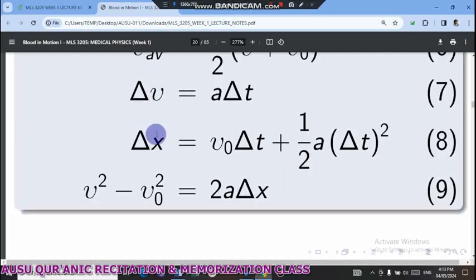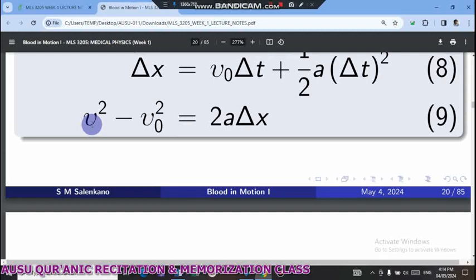Again, if you want to know the displacement, delta x, it is equal to the initial velocity of an object multiplied by the time taken to produce this displacement, plus half multiplied by the constant acceleration multiplied by the square of the time taken. Again, you can also use final velocity squared minus initial velocity squared is equal to 2 times acceleration times the displacement.